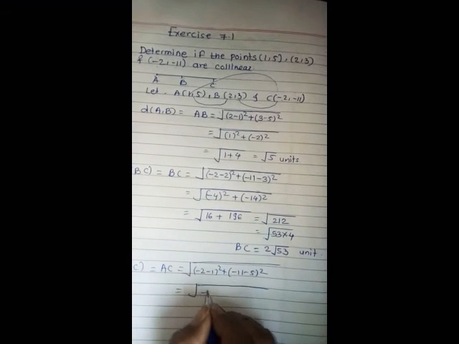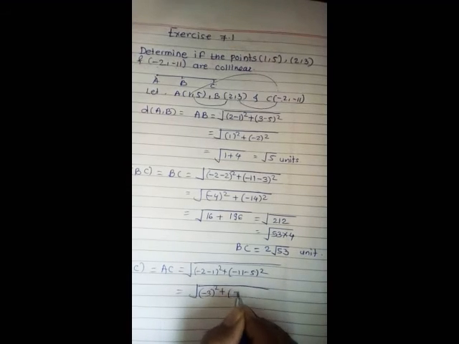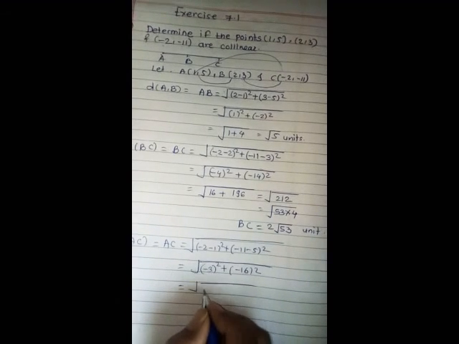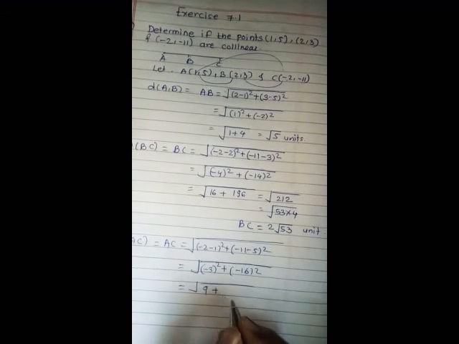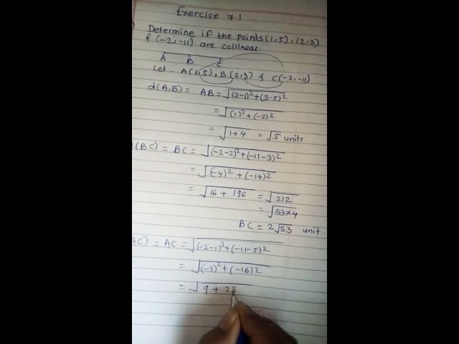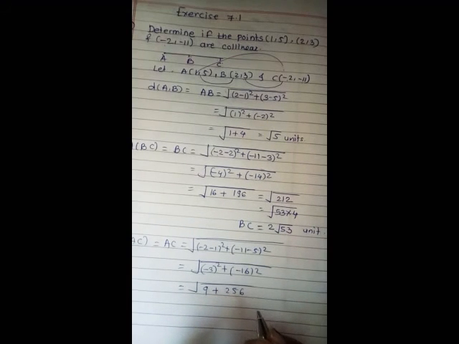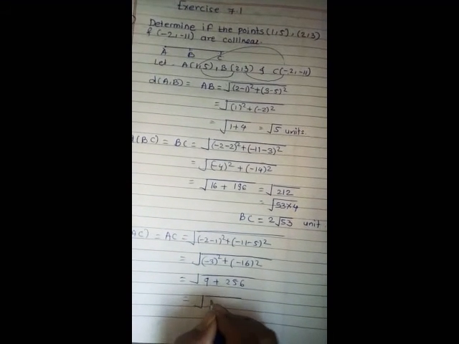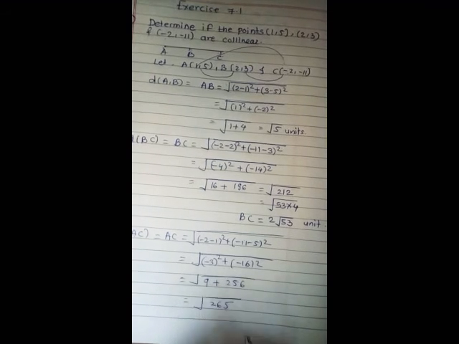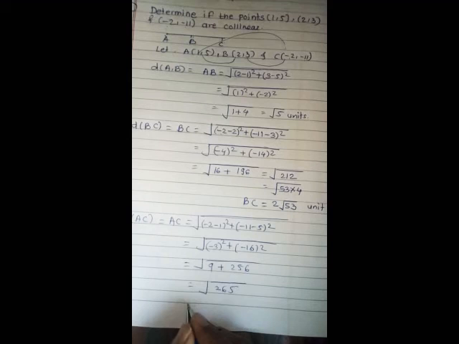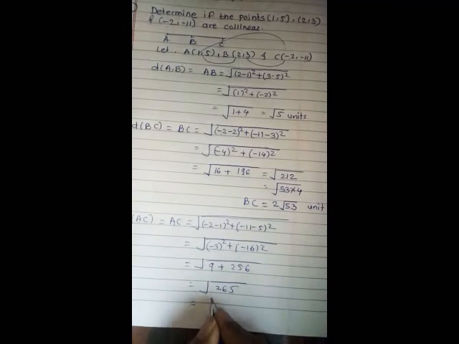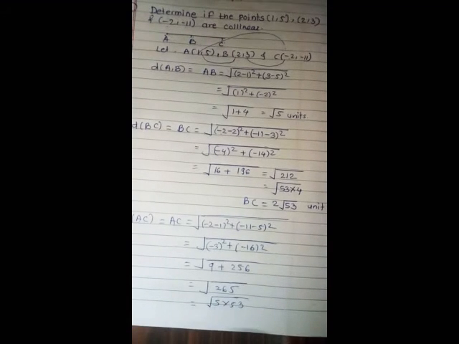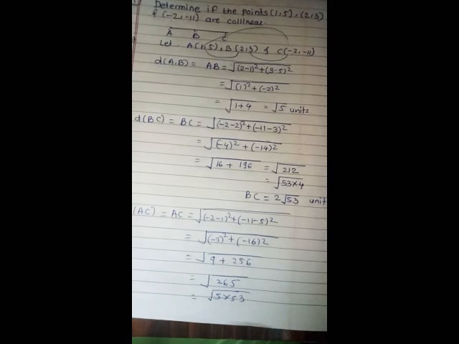So (-2 minus 1), that is (-3) square, plus (-16) square. 3 square is 9 plus 16 square is 256. That is the square root of 265. The sum is 265, which we write as 5 into 53, so root of 5 into 53 units.